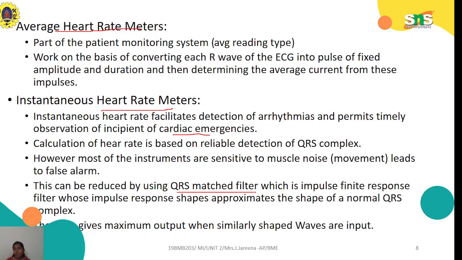The output given by this filter has a shape similar to a normal QRS complex, so it is easy to convert it into a pulse of fixed amplitude and duration. Then we can do the beat calculation for the heart rate.